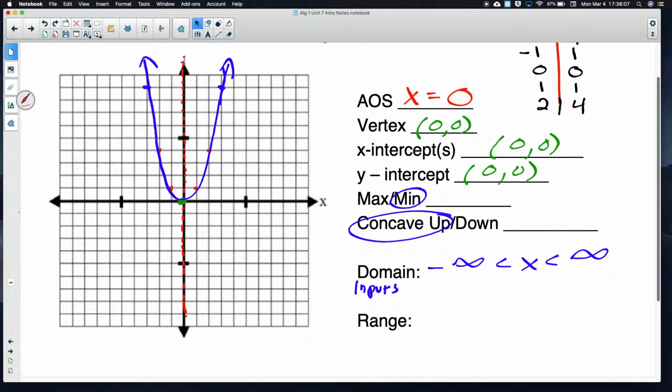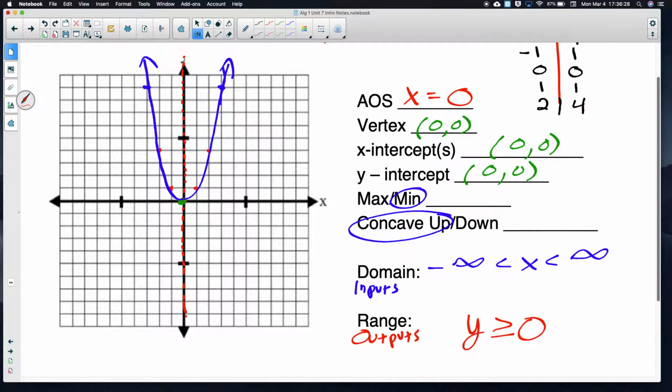My range is my outputs, or what I can get out in my y values. Well, notice, there is no range in the third and the fourth quadrant, below the x-axis. The smallest number you can get out is 0. So my range, y, has to be anything bigger than or equal to 0.